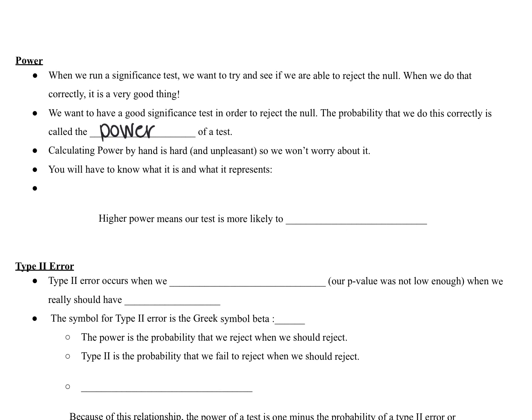We are not going to be calculating this by hand, so don't really worry about it. All you have to know is what power is and what it represents. You don't have to know how to calculate it. So it is the probability we reject H naught correctly.